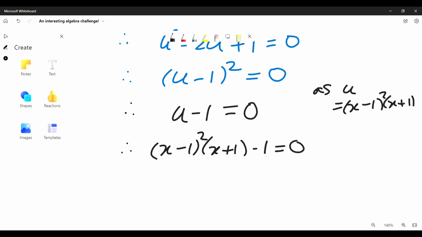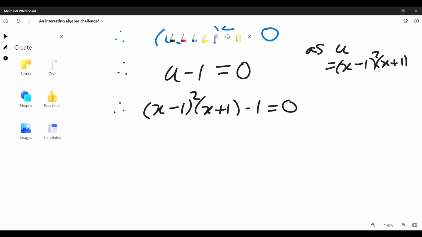Now I think it's better to expand it, as we only have 2 terms. I can already see that it's (x minus 1) times (x minus 1)(x + 1), so I can make a difference of 2 squares, times the other (x minus 1), minus 1 equal to 0.